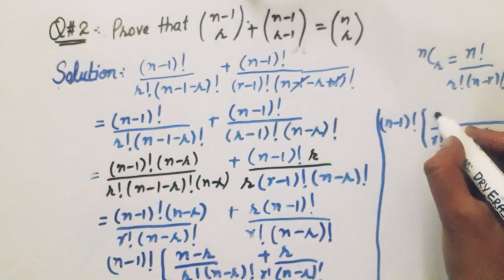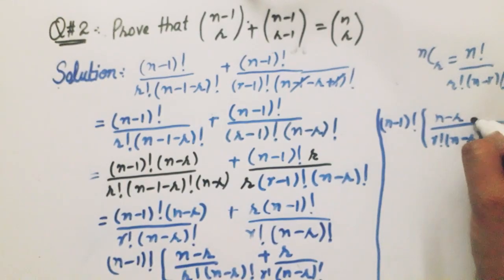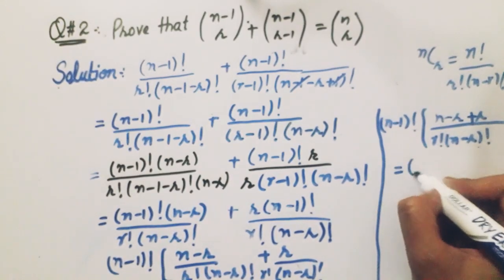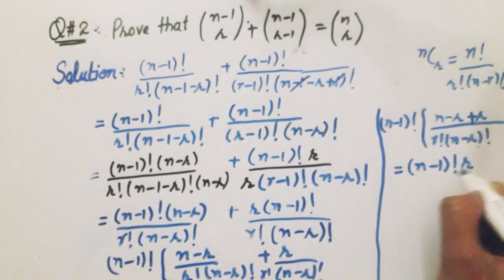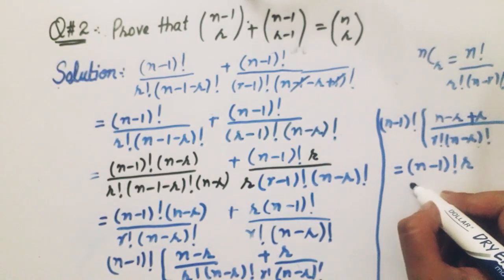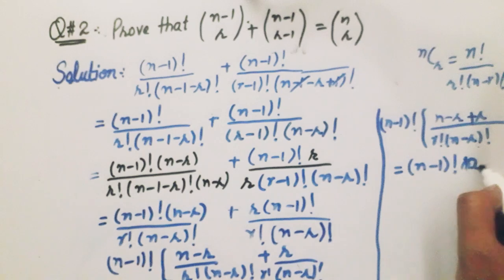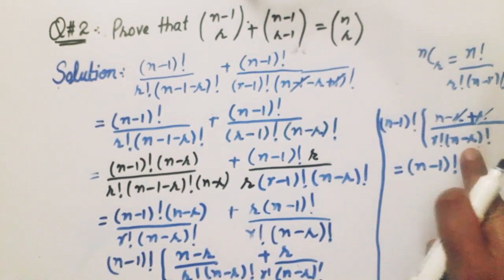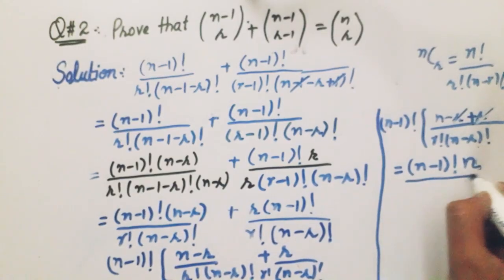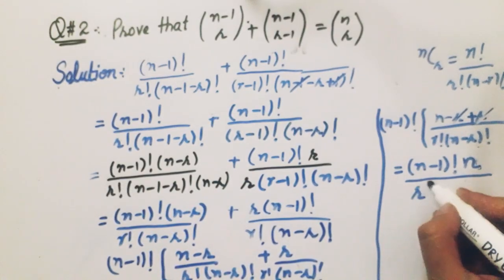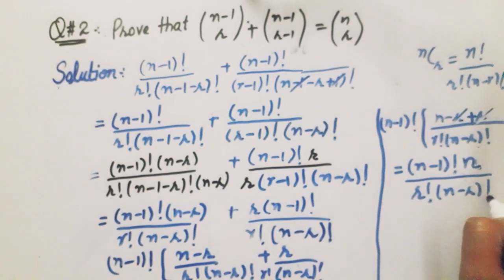So this is equal to n minus r and plus r. So n minus r and plus r will cancel out. So you will have n minus 1 factorial into n, because minus r and plus r cancel out. So you will have just n by r factorial into n minus r factorial.